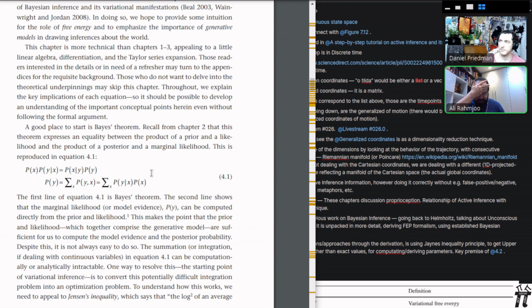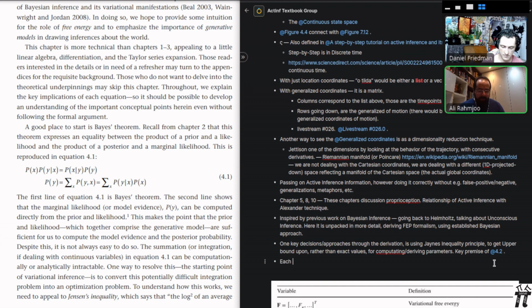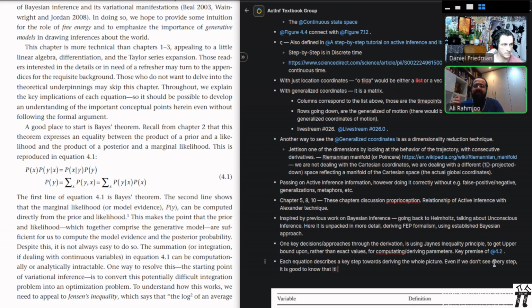Okay, so maybe just as a general comment about these different equations, each of these equations provides a distinct step toward deriving the ultimate whole picture. So even if we don't quite understand how we get from each step to the other, it's good to know that it's only required to understand how we get to that ultimate whole picture.